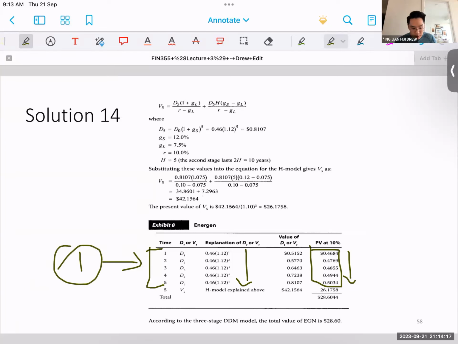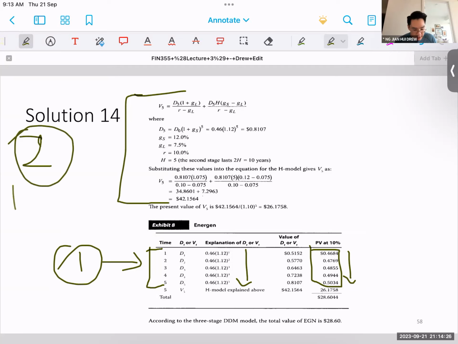So part 2 is to calculate the H model. This is the H model component here. We are falling back onto the H model again, and we just do this formulation here, right? We know what D naught is, but be very careful now, because your H model is going to be the terminal value.